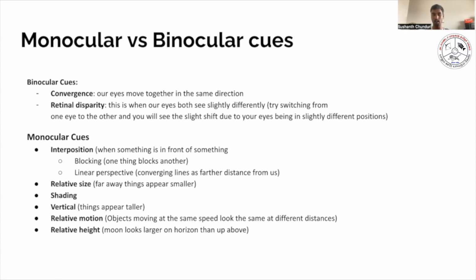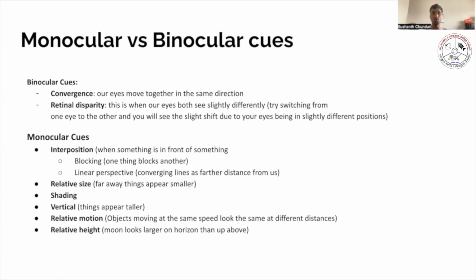Relative motion is that objects moving at the same speed look the same at different distances. So even if I'm running 12 miles per hour very far away and someone else is running 12 miles per hour really close to me, it's still going to look like the same speed.